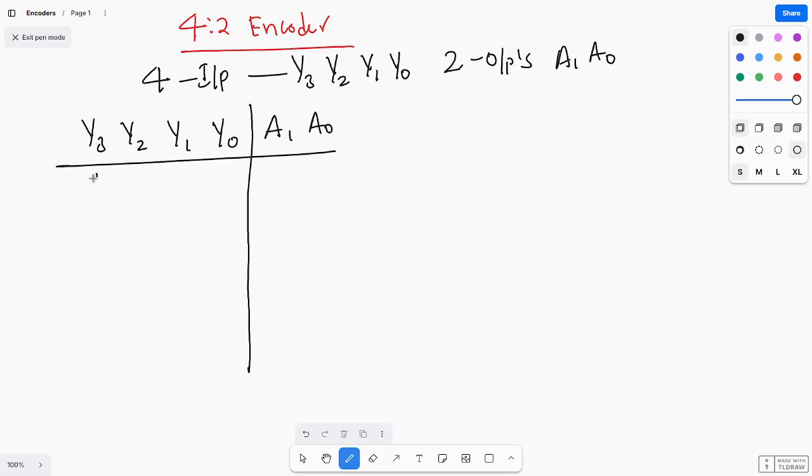Here, at a time any one of the inputs is 1. We already saw previously that it will produce the binary equivalent of the input which is active high.